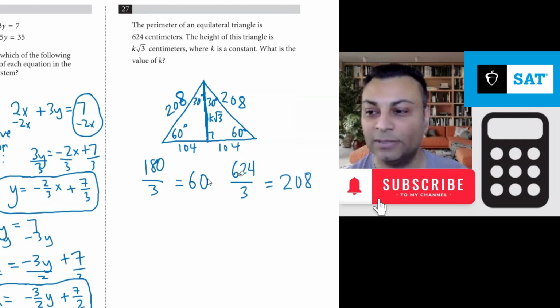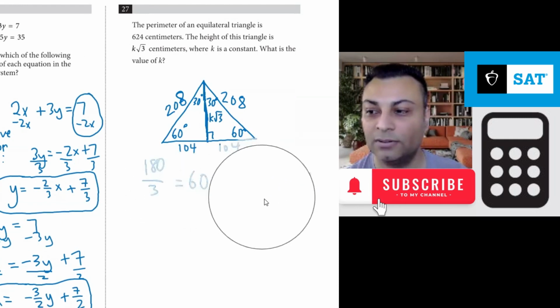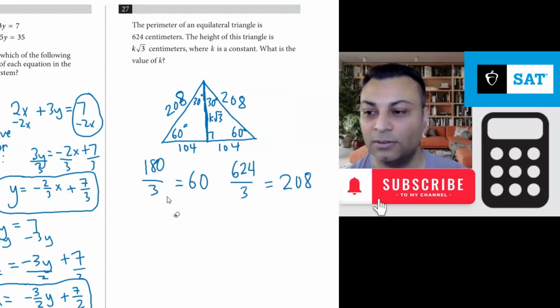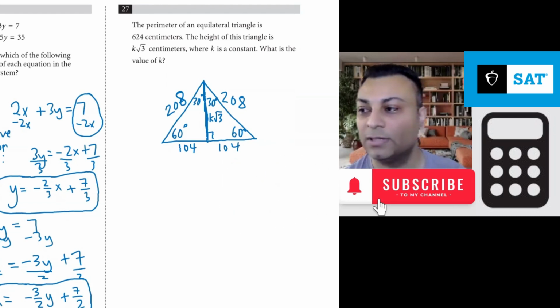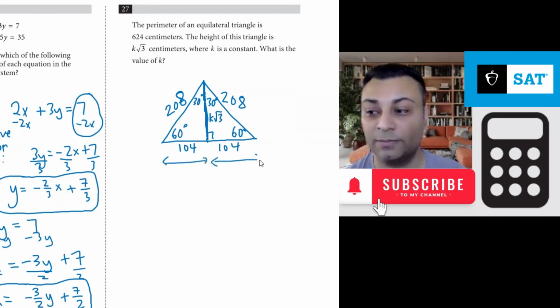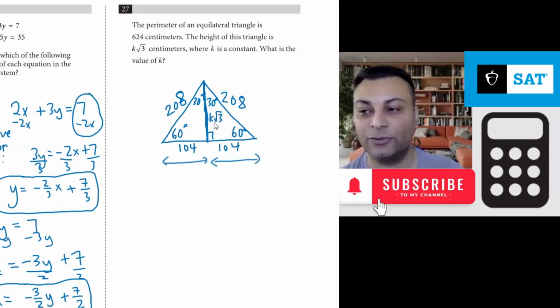Let me clear this up. Let's do a better job of clearing it up. Okay. This distance is 104, and this distance is 104. Okay, and that's k root 3.